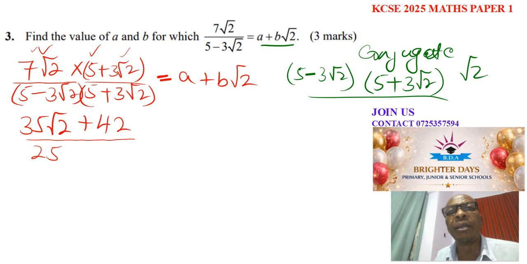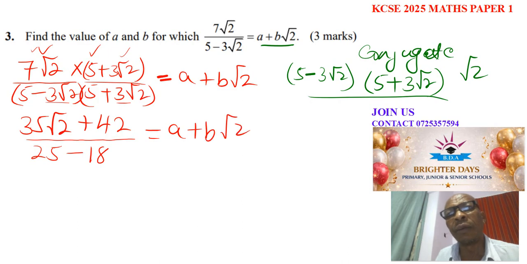Then 5 times 3 root 2 and minus 3 root 2 times 5 cancel each other. We are left with minus 3 root 2 multiplied by 3 root 2: minus 3 times 3 gives minus 9, and root 2 times root 2 gives 2, so that is minus 18. So 25 minus 18 gives us 7. If we simplify, let's start with 42 plus 35 root 2.